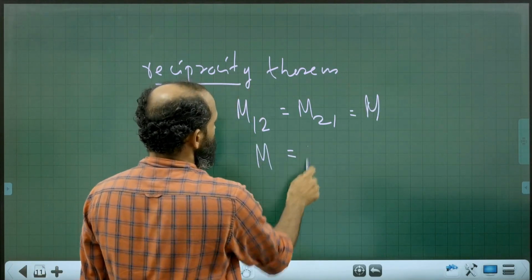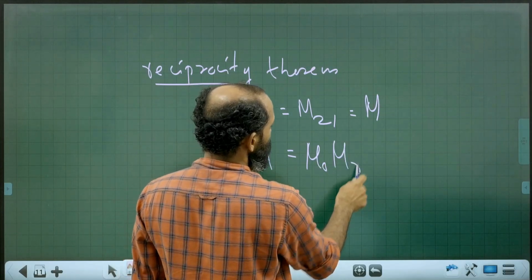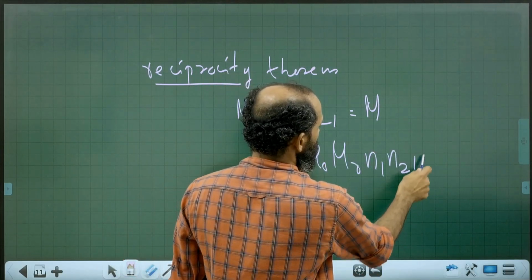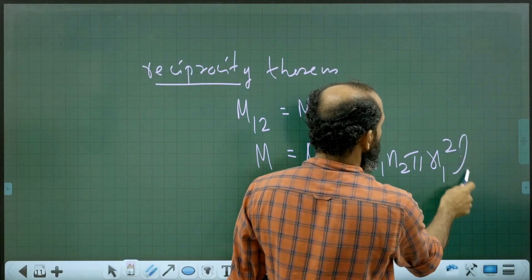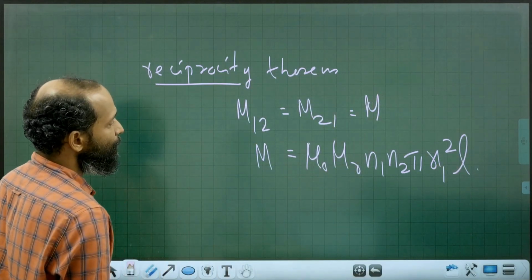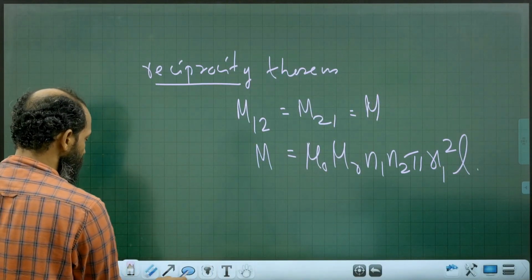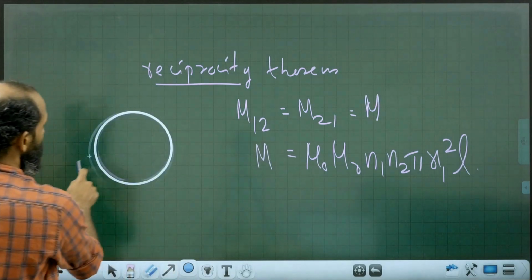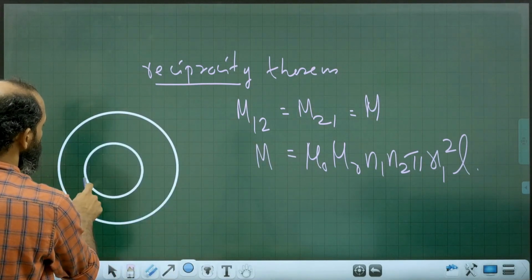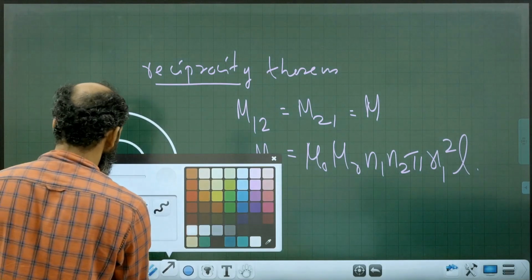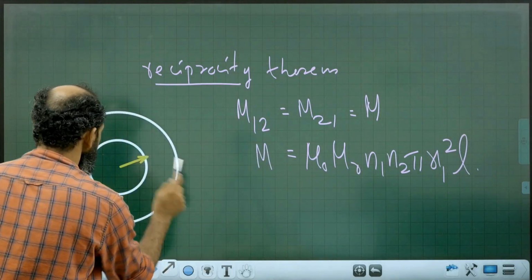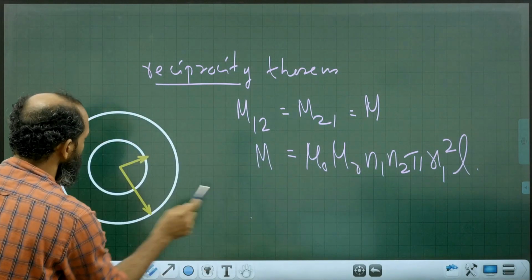The formula for M is mu 0 mu r N1 N2 pi r1 square L, where R1 is the radius of the inner coil. There are two coils of radii R1 and R2.